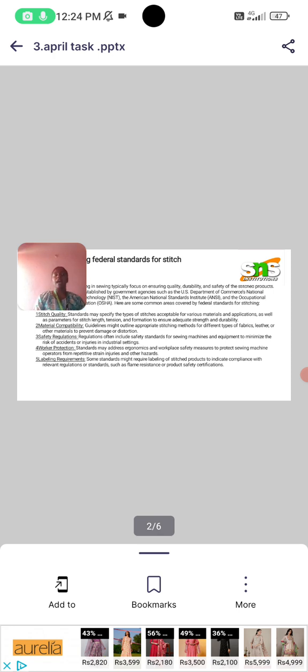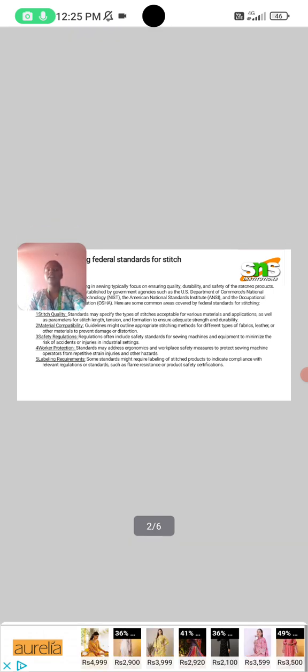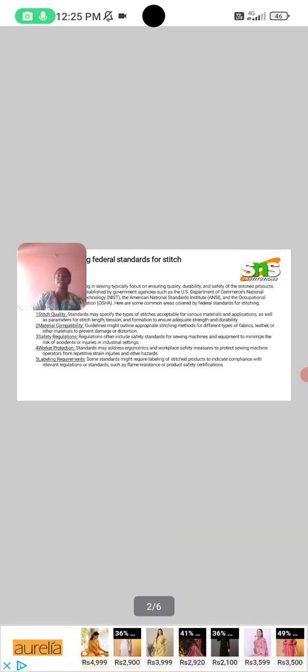prevent damage or distortion. Safety regulations often include safety standards for sewing machines and equipment to minimize the risk of accidents or injuries in industrial settings.